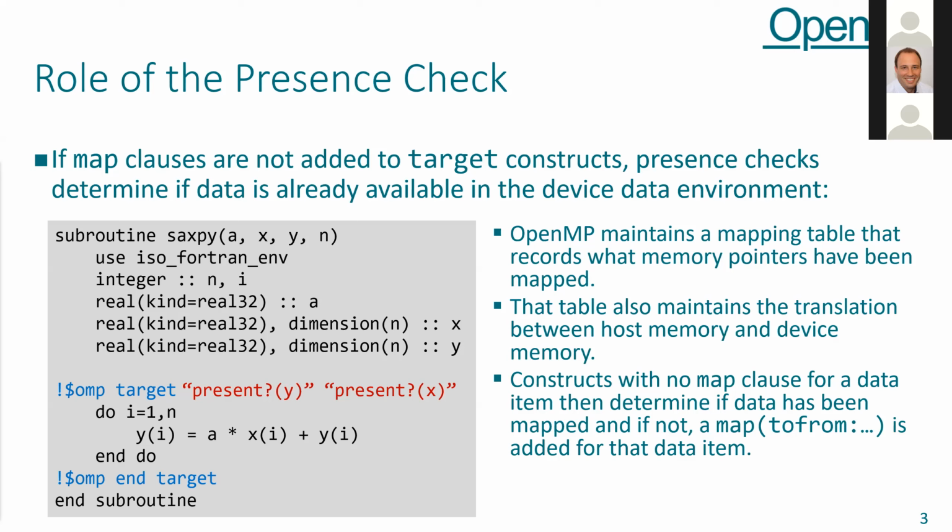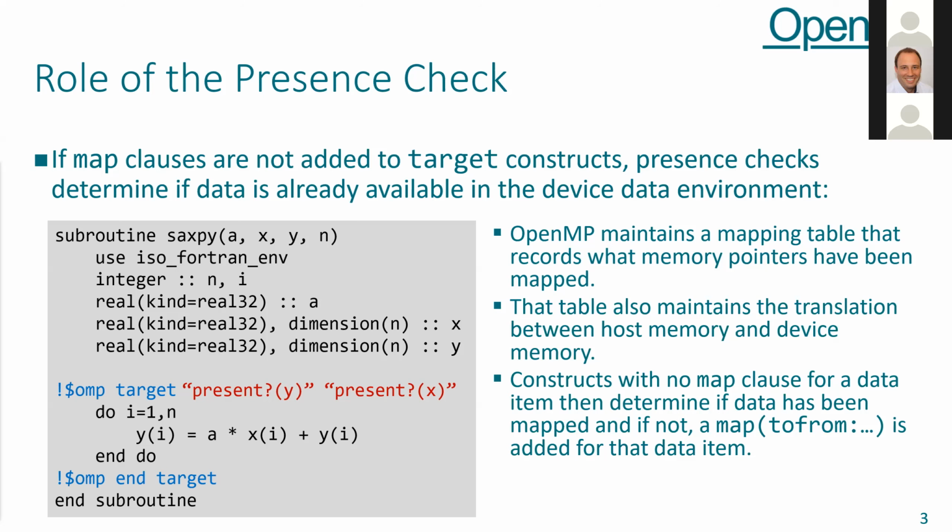Okay, Thomas is asking, a presence check would imply that it's not an implicit update. Is that correct? Yes. So in the case that you already have mapped data from outside and you repeat the very same map clause in here, that nested map clause will not have an effect.